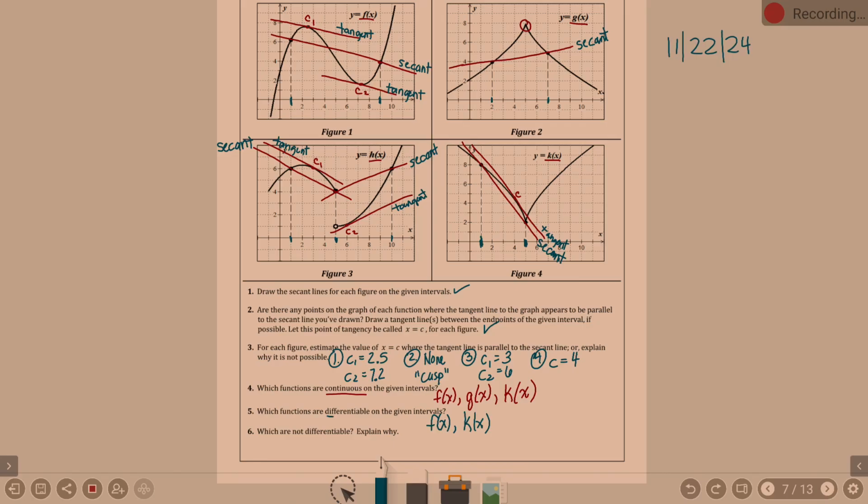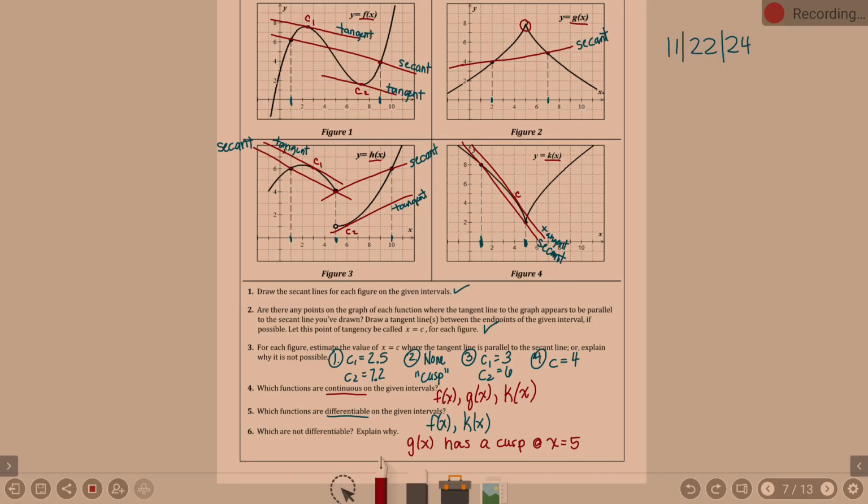Question 6 is kind of, we've already done it. 5 was which functions are differentiable. 6, which functions are not differentiable. Explain why. So what was our problem with g of x? G of x has a cusp at x equals 5. What was our other one that was not differentiable?